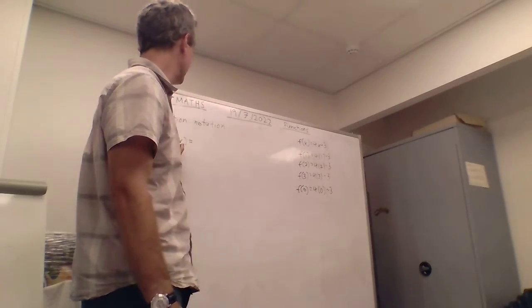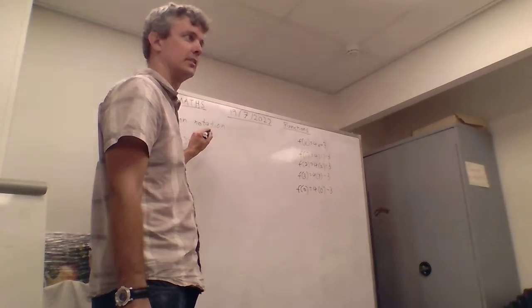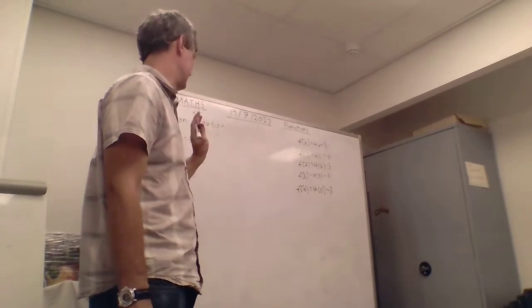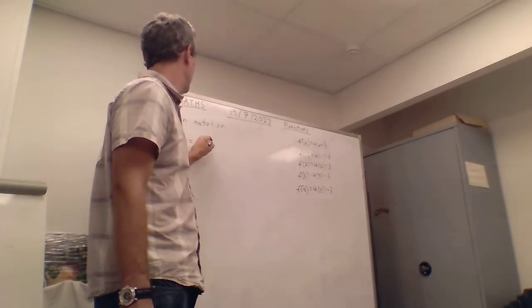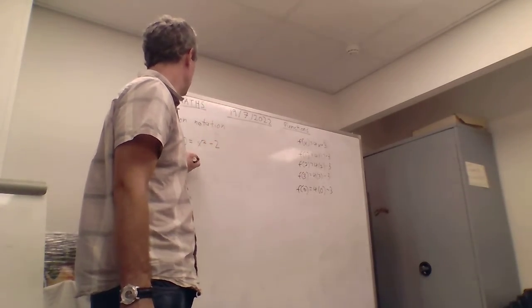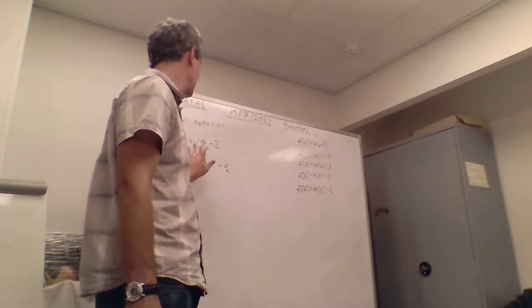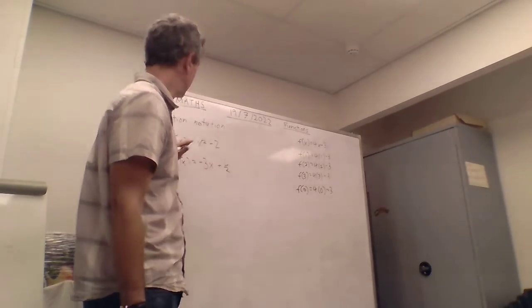So function notation is basically f of x equals some relationship of x, right? So it can be anything. It could be x squared minus 2. You can have f of x equals negative 3x plus 1 over 2, like any format, as a function of x.